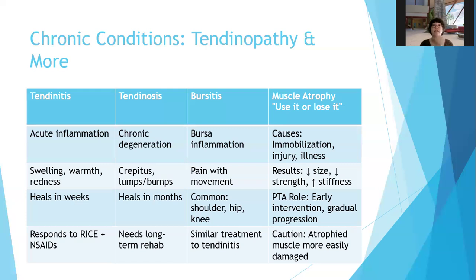It's a longer process. Bursitis is inflammation of the bursa at the joints. So again, it's an acute inflammatory disease. There's pain with movement. It's common in the shoulder, hip, and the knee, joints that we put a lot of pressure on or have a lot of movement in. Similar treatment to tendonitis because it's an inflammation.